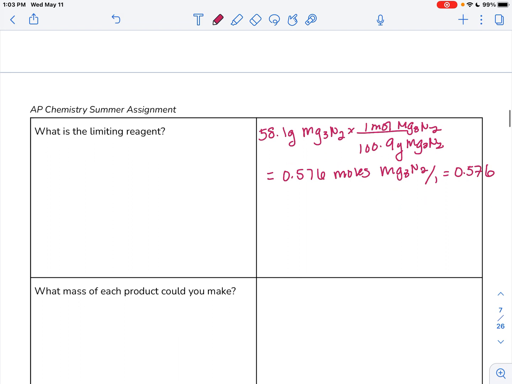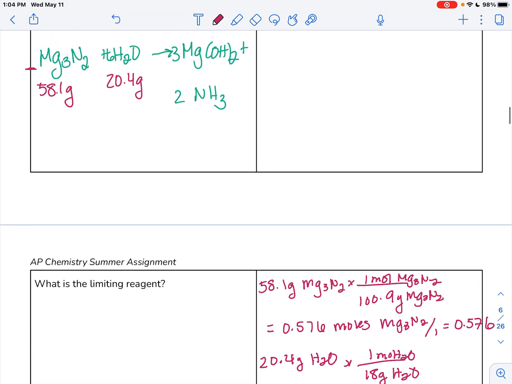I'm going to do the same thing for water. And then I go up and find out what my coefficient for water is in my balanced equation, and it is 6.